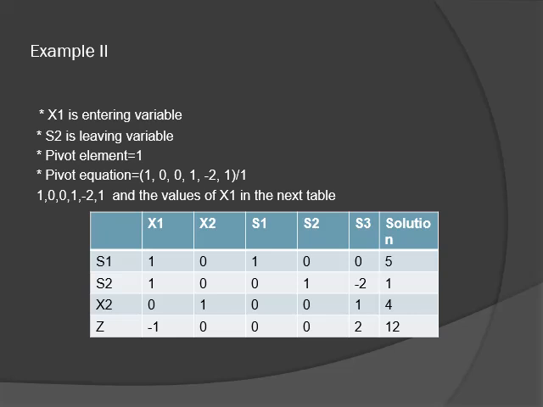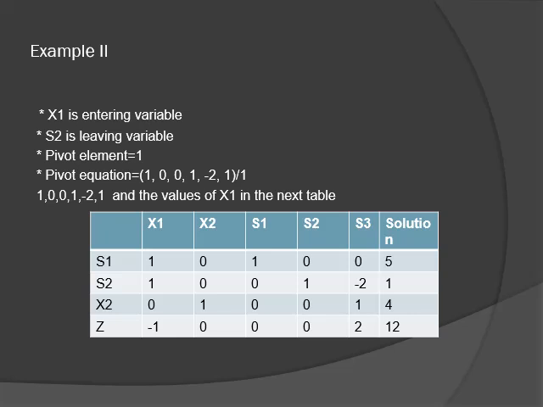The second table is given as follows. Let's check: x2 replaced s3, x1 is the new entering variable, s2 is the leaving variable, and the pivot element is 1.